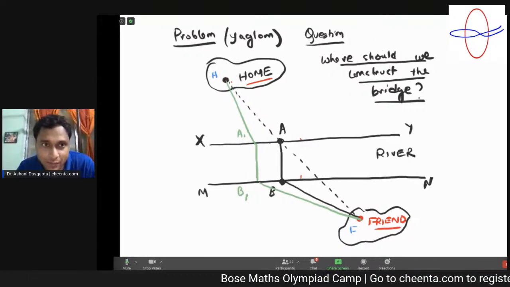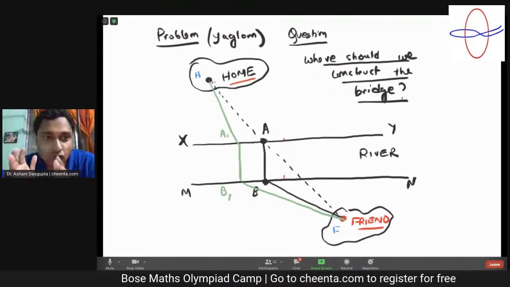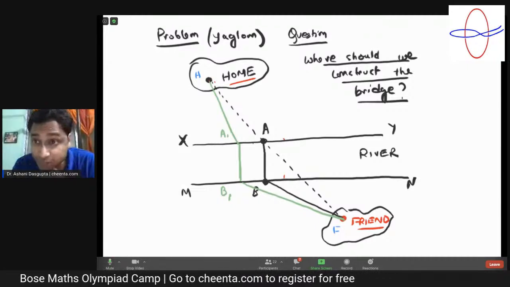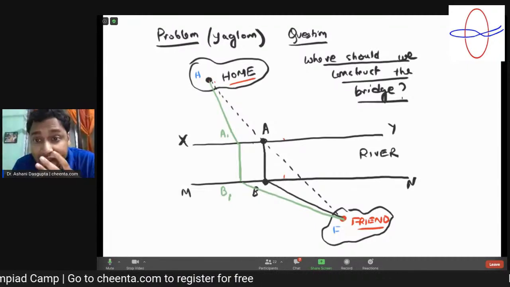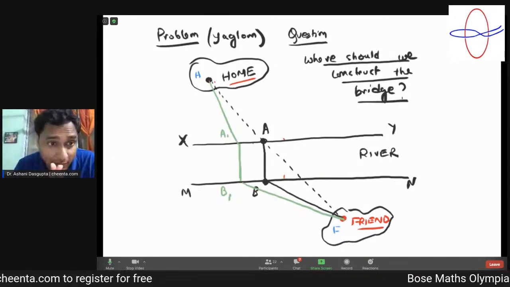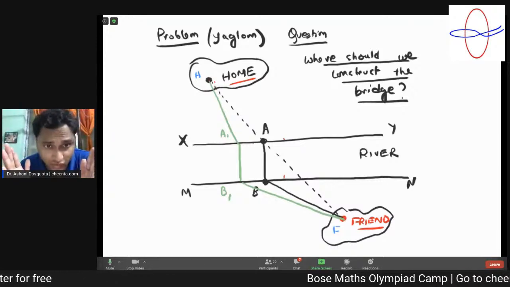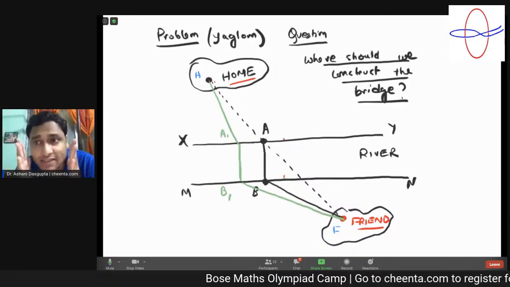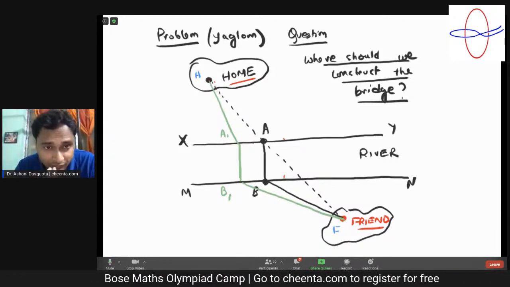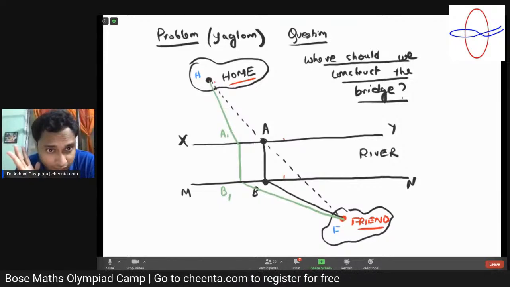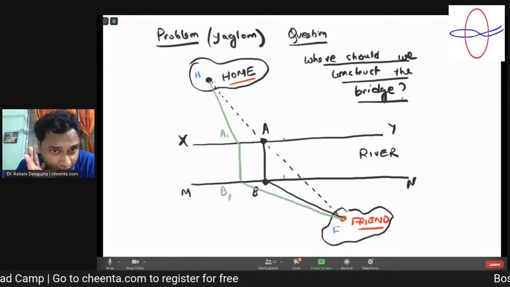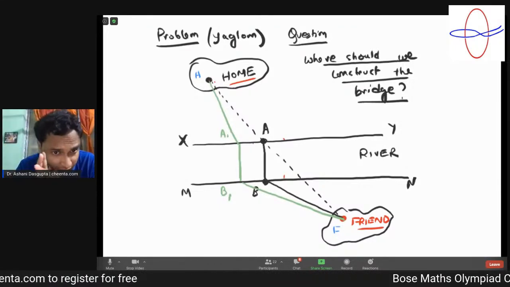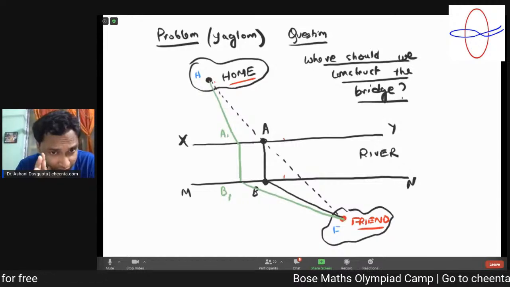Do you understand what I'm saying? To show that this is the shortest path, what I did is I took another, arbitrary position of the bridge. Suppose that's A1, B1. Sir, because the straight line joining two points is the shortest, and from that point the perpendicular line is always the shortest.